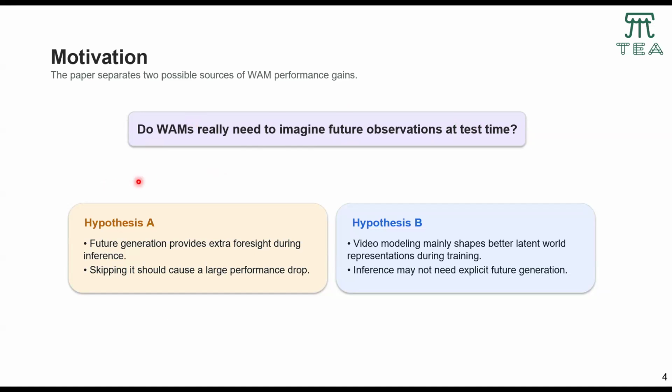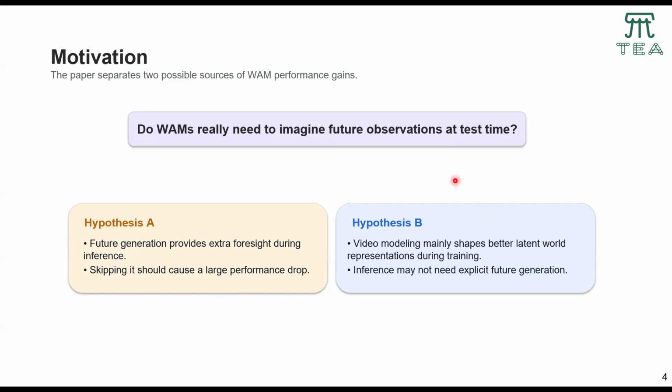The first hypothesis is that future generation provides extra foresight during inference, which means explicitly imagining the future observation is very important. If we skip it, it will cause a large performance drop.